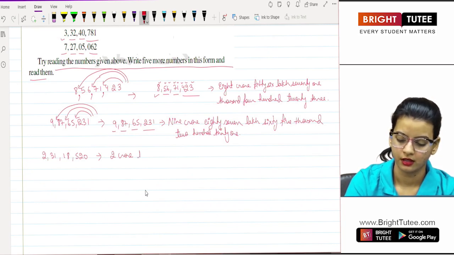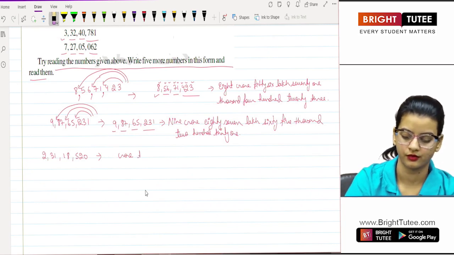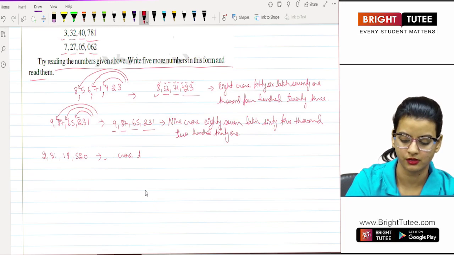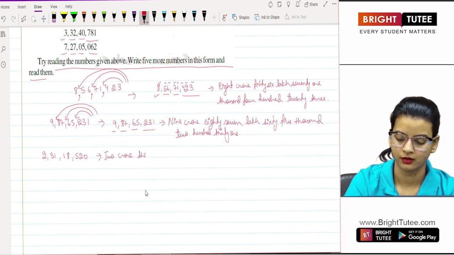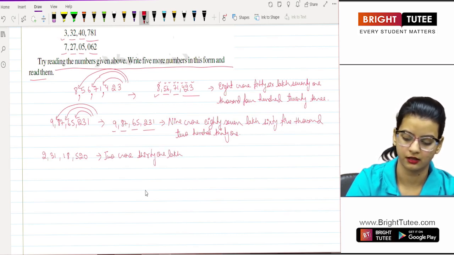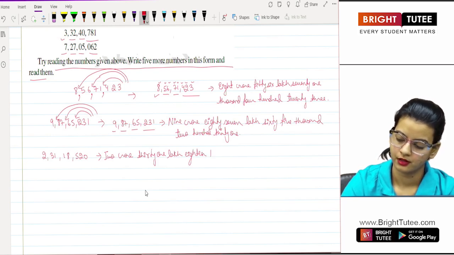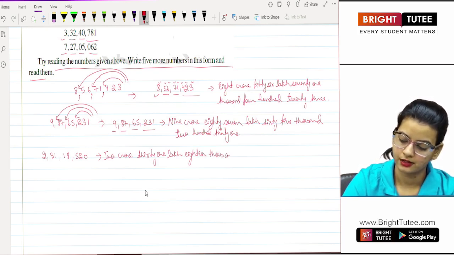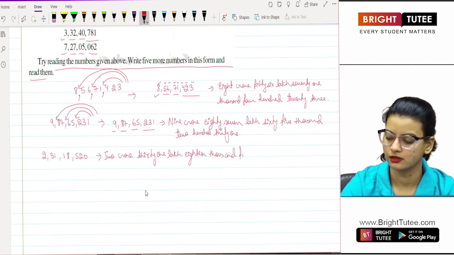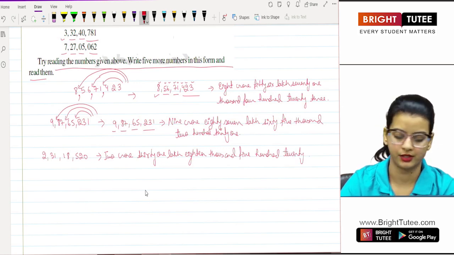I'm sorry, I have to write this in words. So this is 2 crore 31 lakh 18,520.